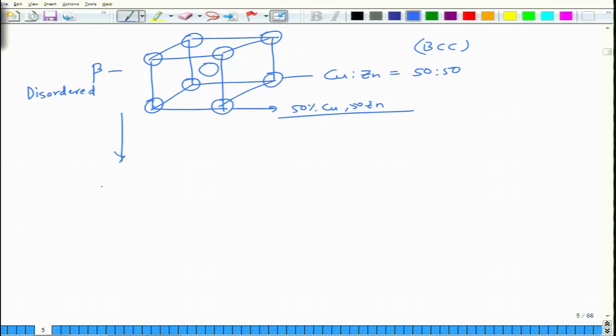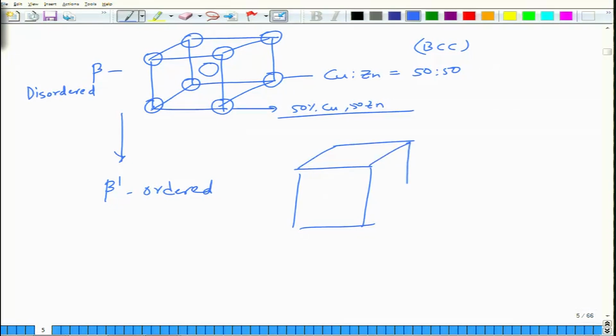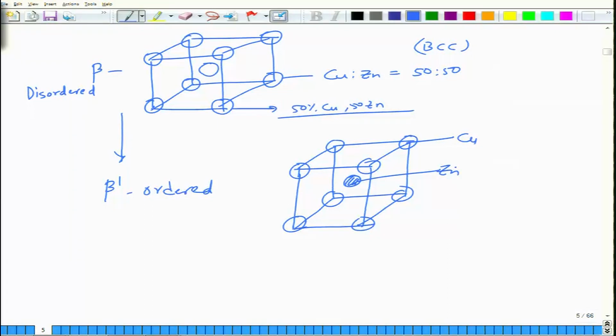and it transforms to beta prime, which is ordered phase, where CuZn makes a cubic structure similar to BCC, but not BCC. So, this atom for example could be copper, and this atom could be zinc, whereas in this case 50% copper, 50% zinc.